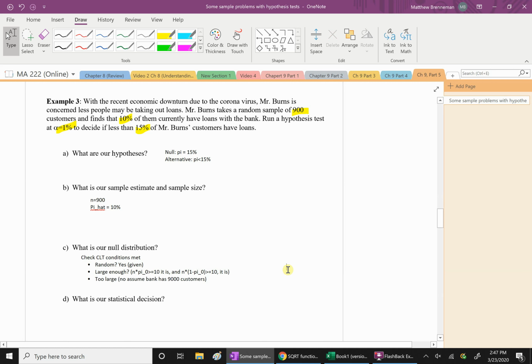So now we know what our null distribution is. Since the central limit conditions are met, if the null is true, then what estimators look like from the null is a normal distribution.